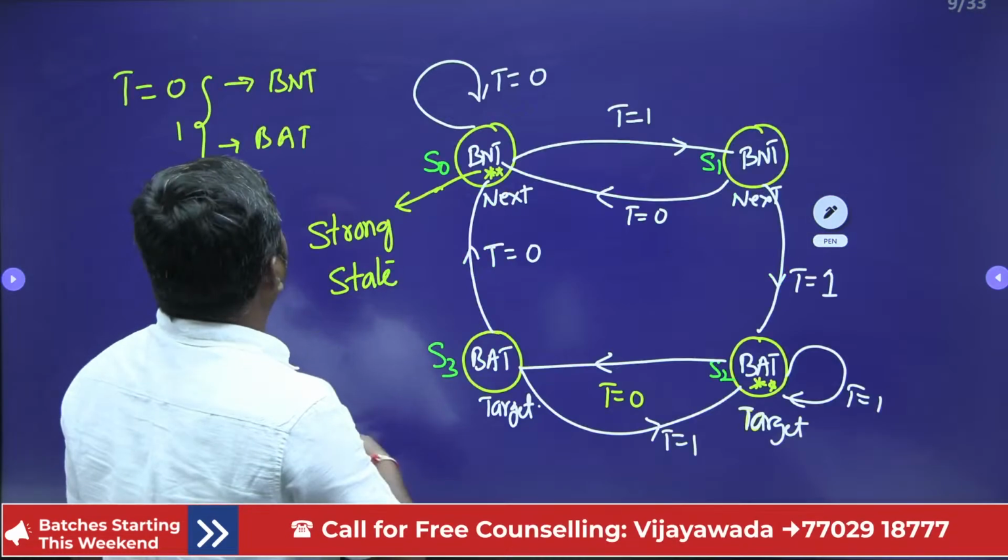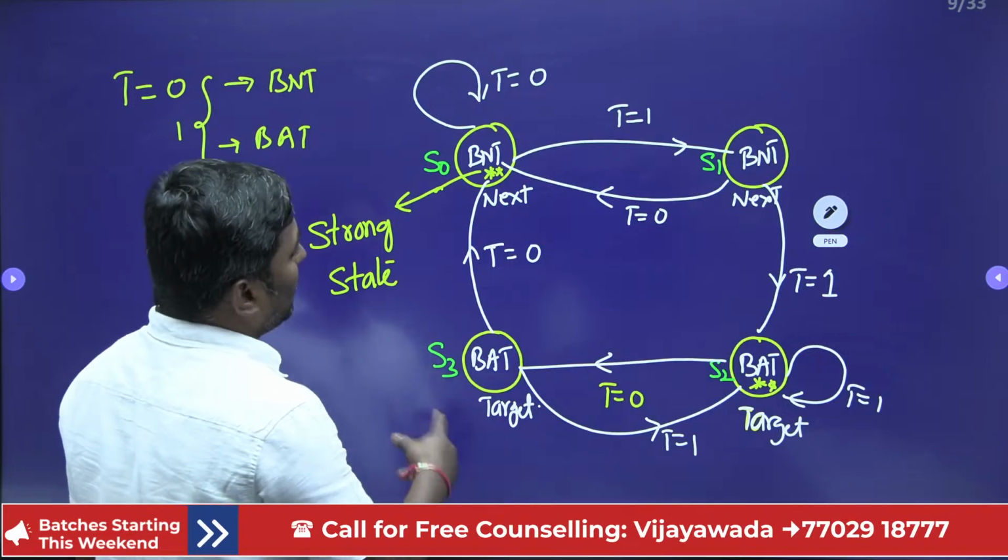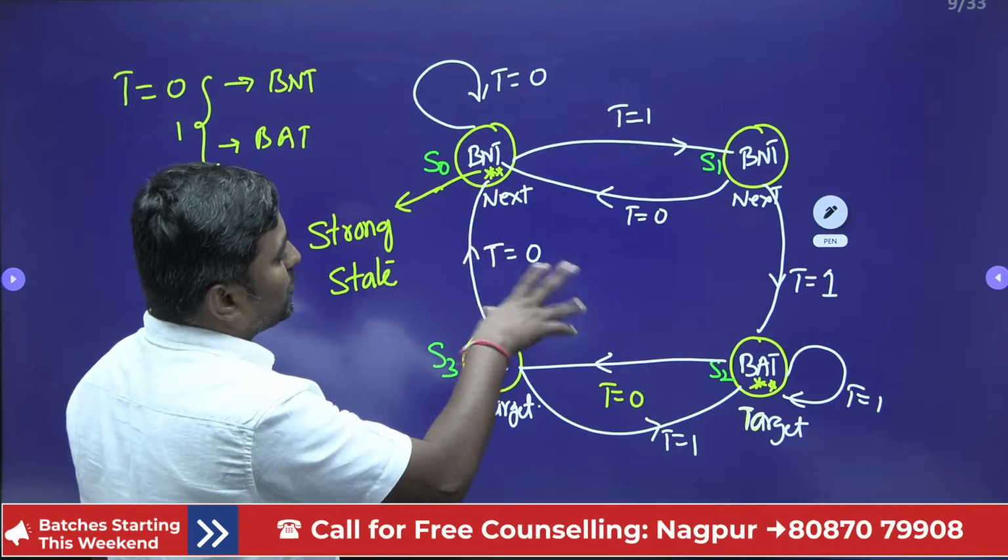The dynamic prediction is the 4-state model, where I clearly showed where to change the prediction.